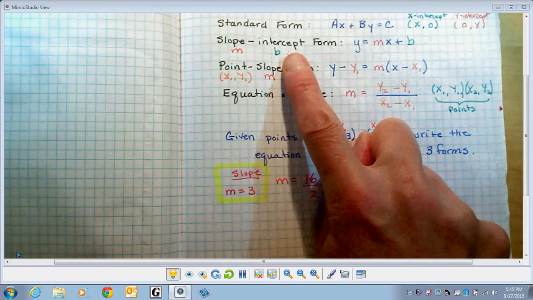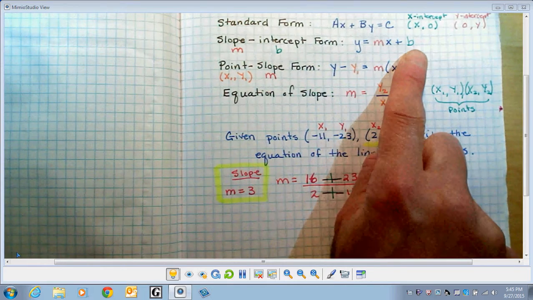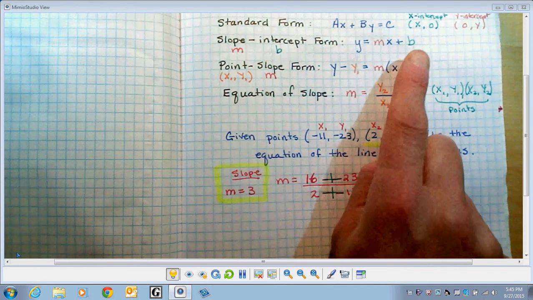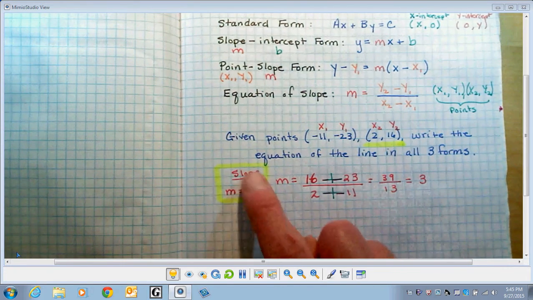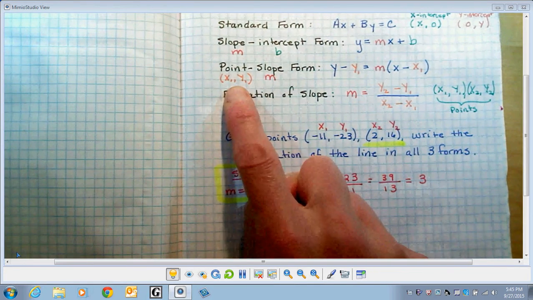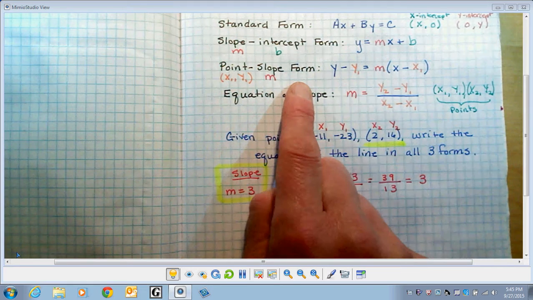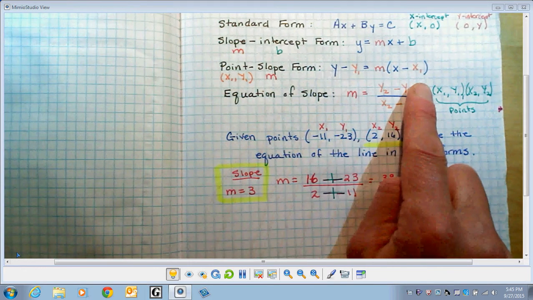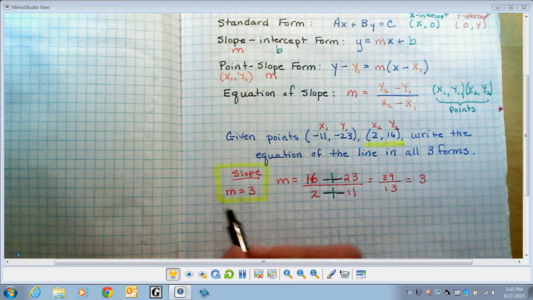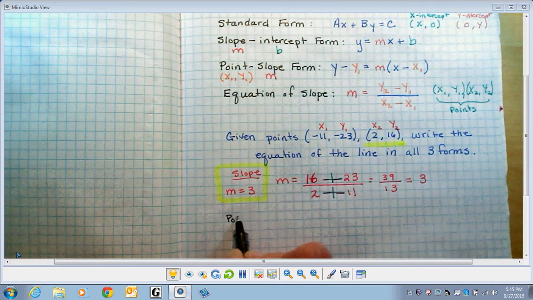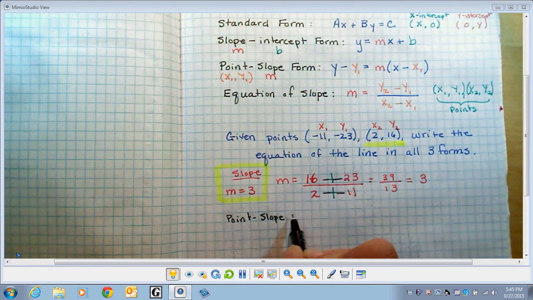I can't use slope-intercept because I don't know what my intercept is. But what do I have? I have a point and I have a slope. So I can use point-slope form. So that means I'm going to use this form of a line. So let's go ahead and write point-slope form. So right here I'm going to write point-slope form.